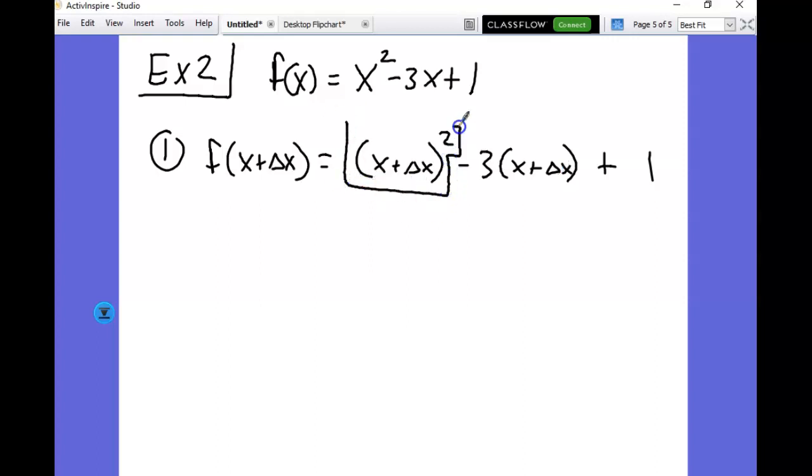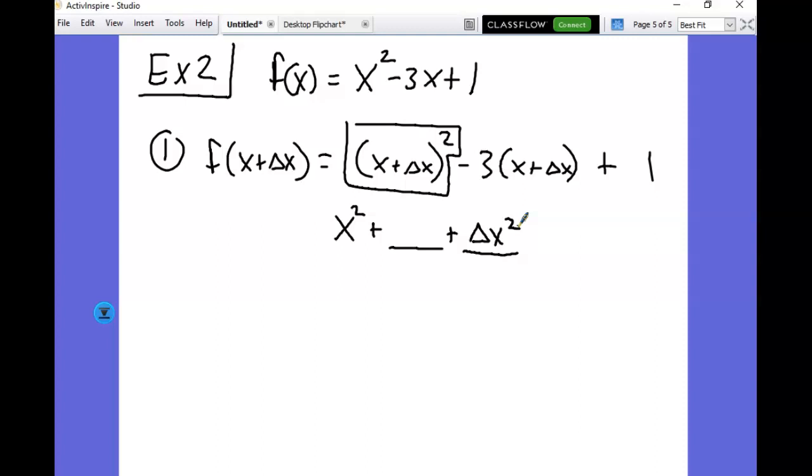So first thing is that guy, and that's why we just talked about the shortcut. It'll save us some time. The first term is going to be x squared. Then we're going to have a middle thing in a minute. I'm going to do the last term though. What's the last term going to be? Delta x squared.